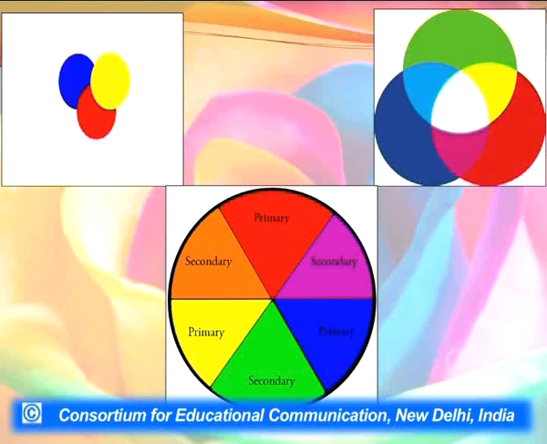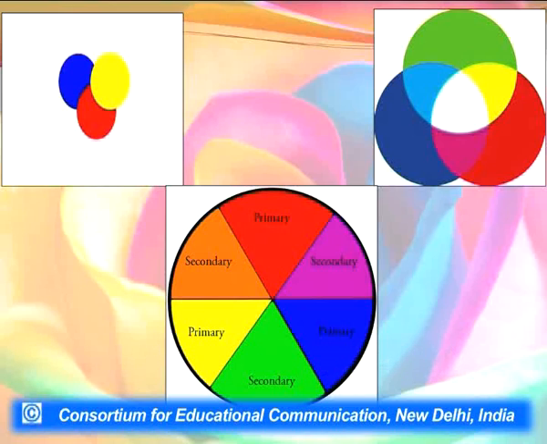Blue and yellow when mixed together give green. Red and yellow when mixed together give orange. Red and blue when mixed together give purple.